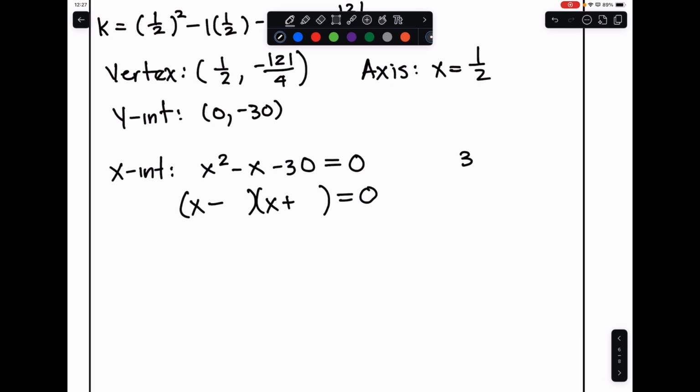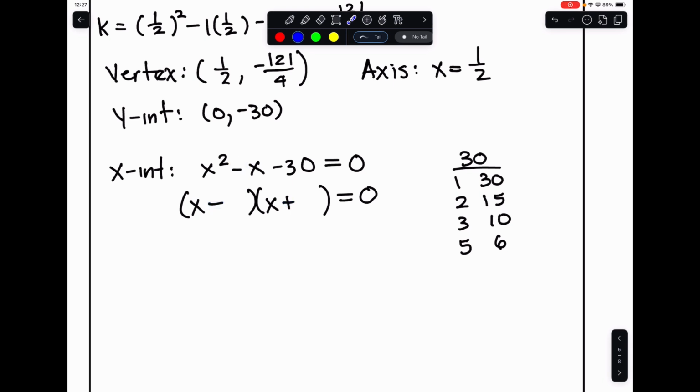And now the factors of 30. So we have several options again. 1 and 30. We have 2 and 15. We have 3 and 10, 5 and 6, and then 6 and 5, 10 and 3, 15 and 2, and 30 and 1. Okay, so now because the signs are different, as you see right here, we want numbers that give me a -1 right there.